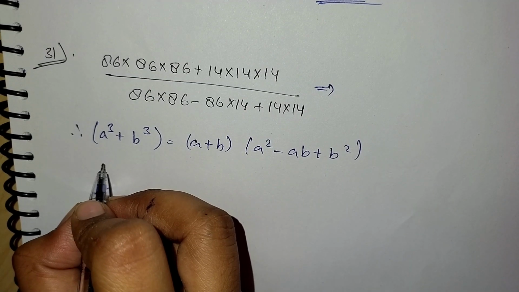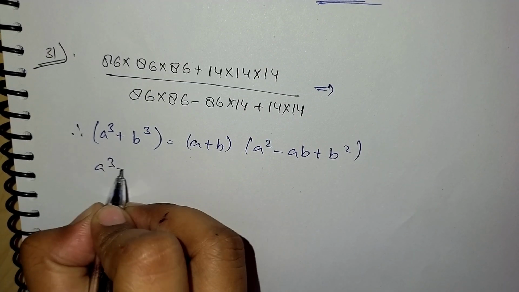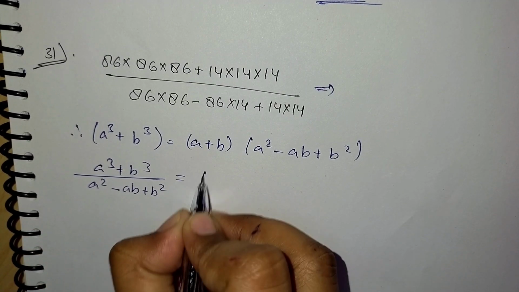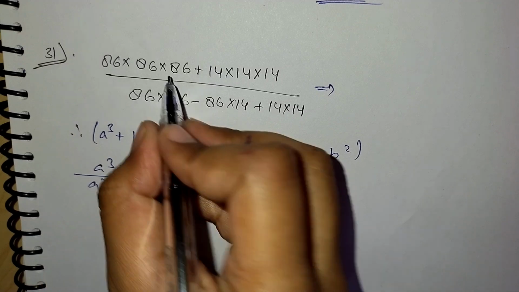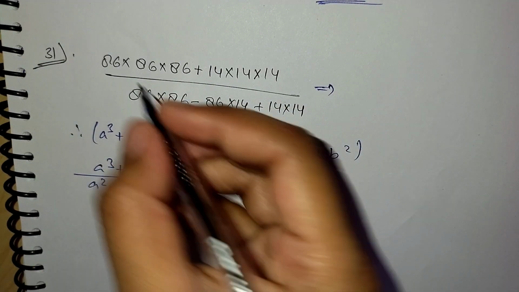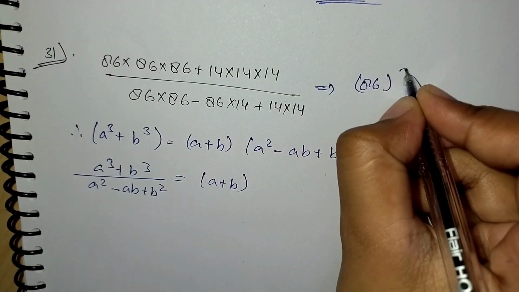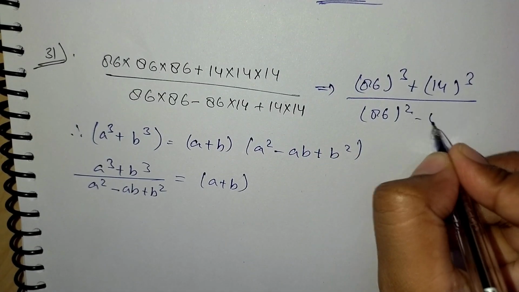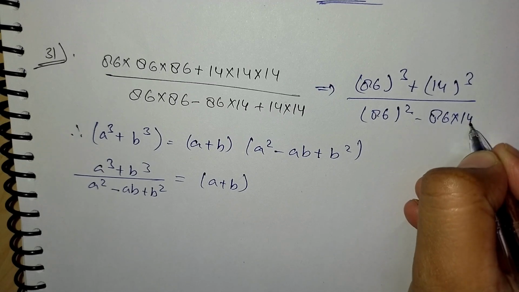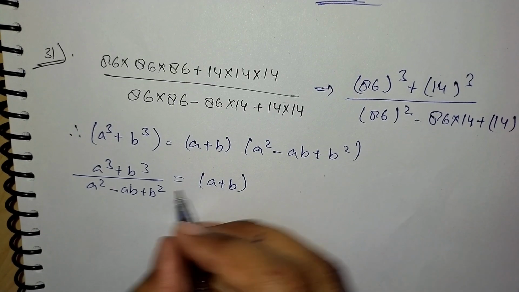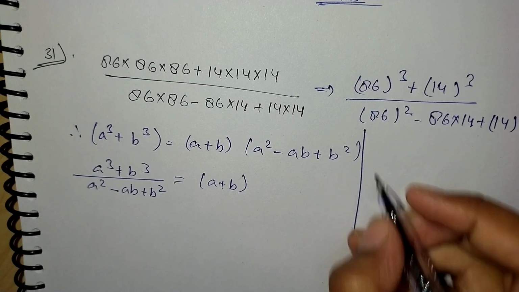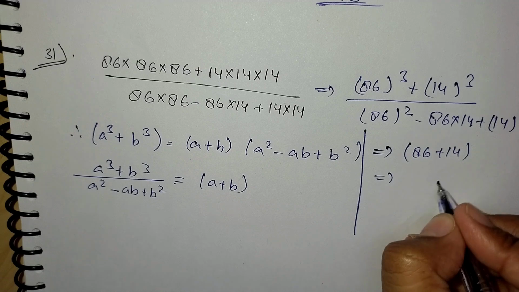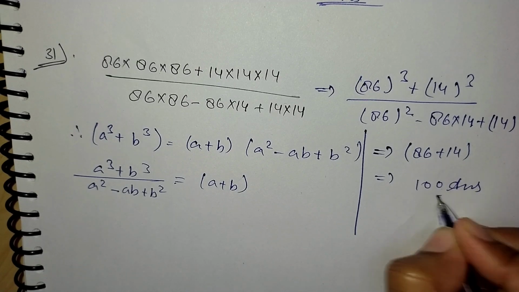So a cube plus b cube divided by a square minus ab plus b square is equal to a plus b only. This is also in this form only, because we have 86 whole cube plus 14 whole cube, and 86 whole square minus 86 into 14 plus 14 whole square. So we can use this formula like this. Here it is a plus b. So 86 plus 14 equal to 100 is the answer in this question.